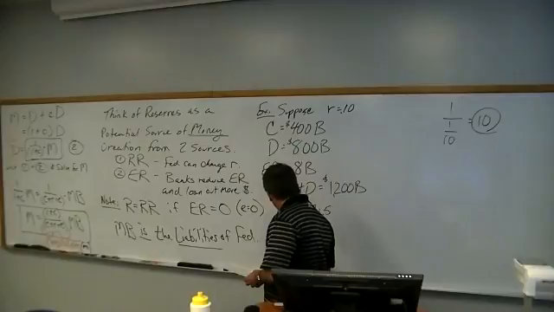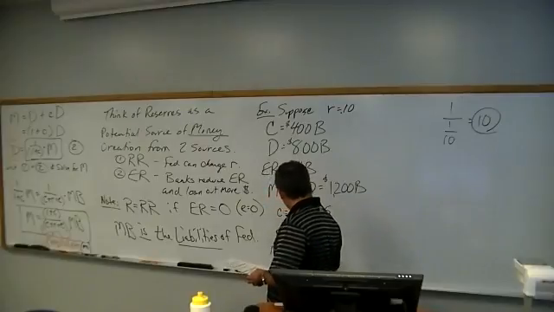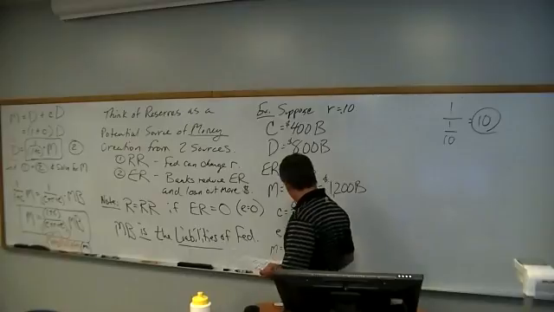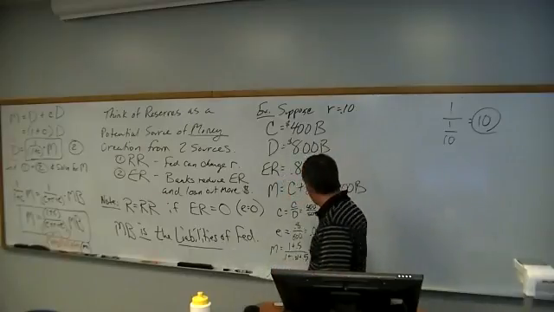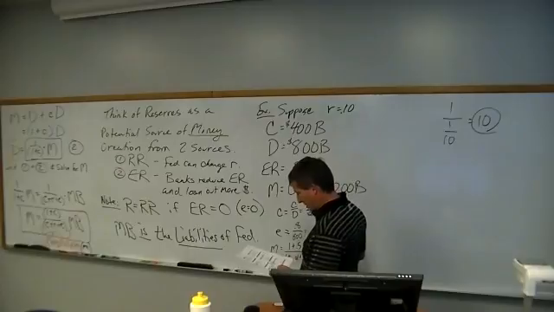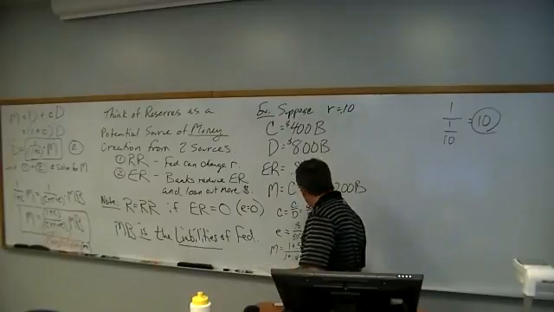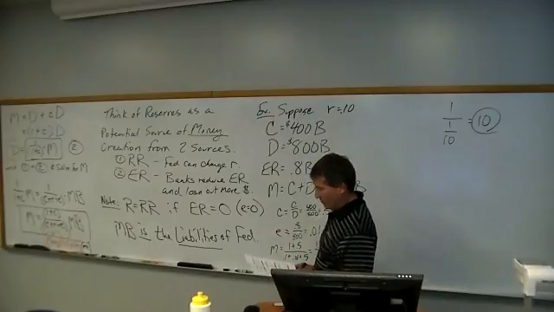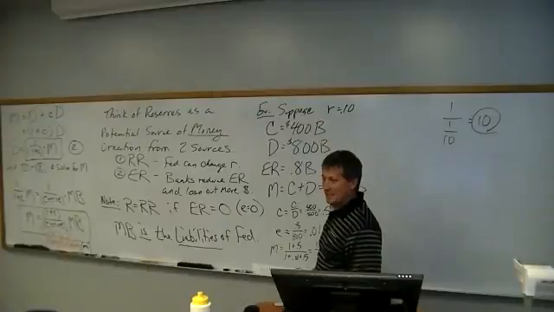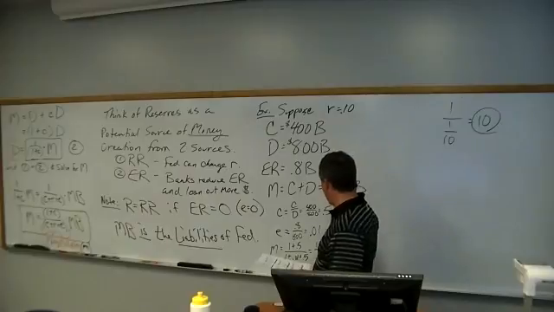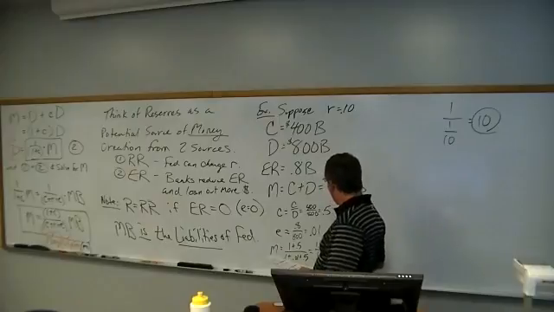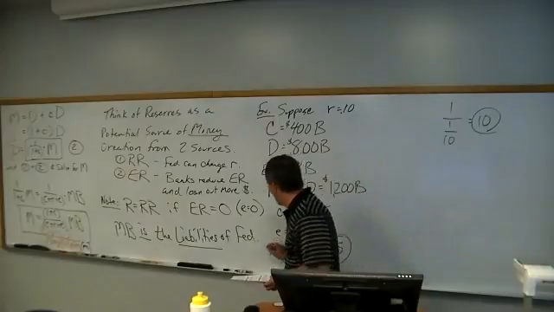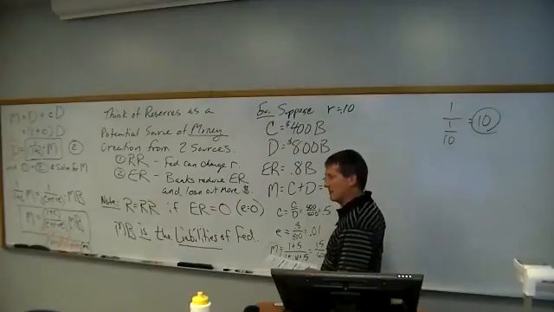We're really just plugging and chugging, right? 0.5 over 0.601. What'd you get? 2 point what? 2.49? 2.5, rounding up. So the money multiplier is 2.5 times the monetary base.